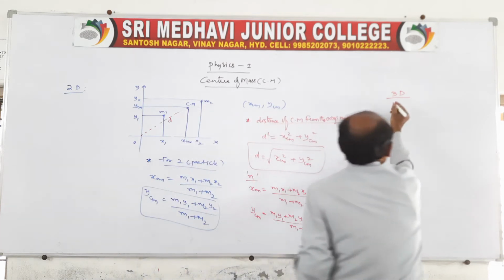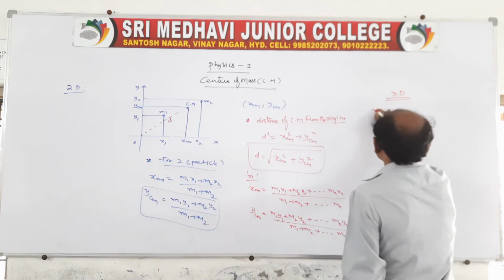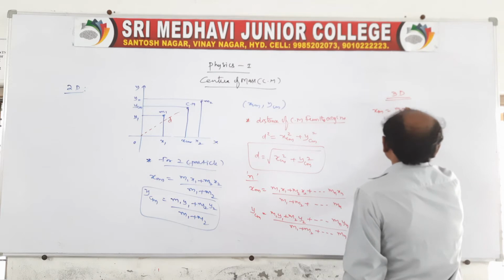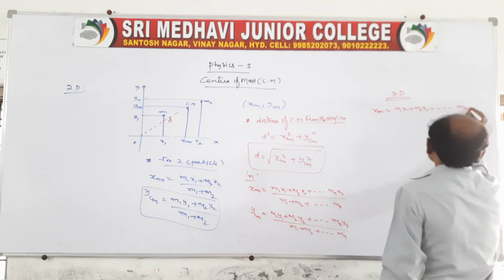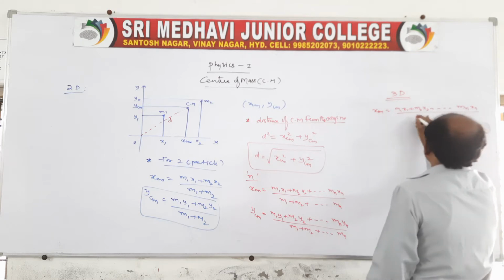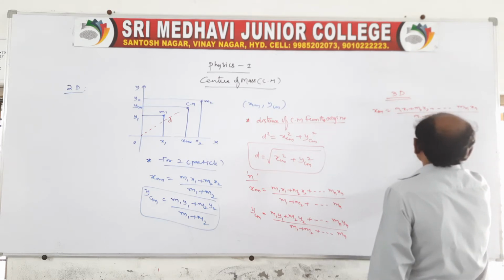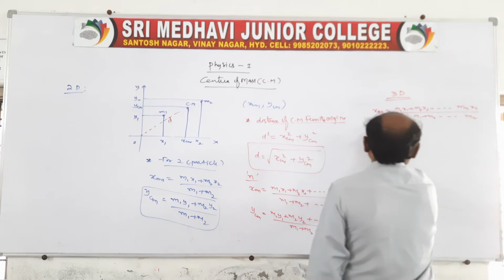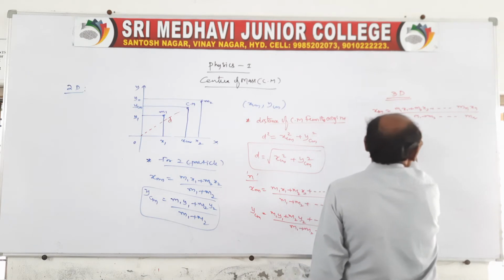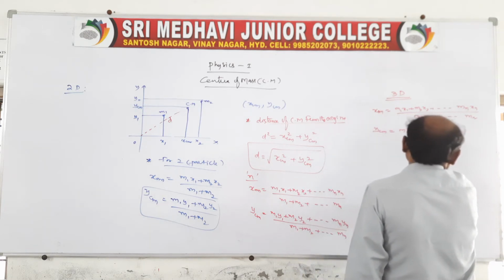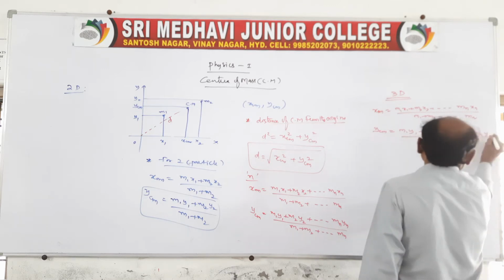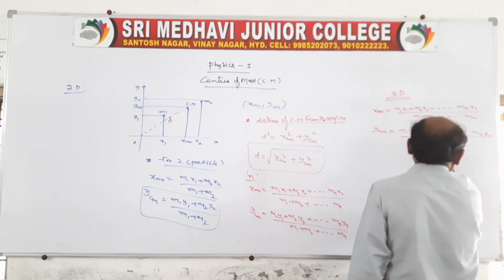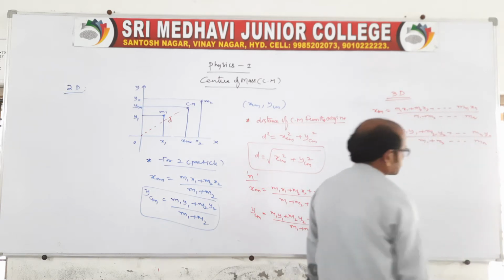For a three-dimensional plane, the position of center of mass will be: xcm is equal to m1 x1 plus m2 x2 plus and so on up to mn xn by m1 plus m2 plus and so on up to mn. And you take ycm also, that is m1 y1 plus m2 y2 plus and so on up to mn yn by m1 plus m2 plus and so on mn.